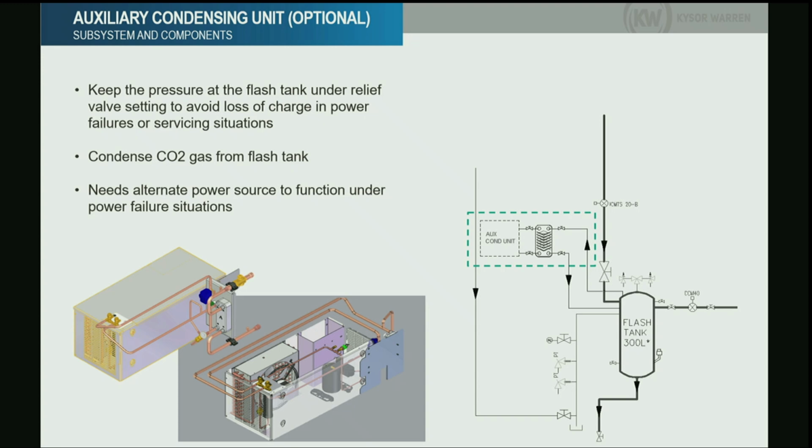We connect the plate heat exchanger on one side to the flash tank, on the other side to the auxiliary condensing unit, and that will help us maintain the CO2 at lower pressures because it will take the vapor from the top, condense that CO2 here, and send it back to the tank. So we'll be only recirculating the vapor produced in the tank, and that will help us maintain the CO2 inside the system for a longer time.